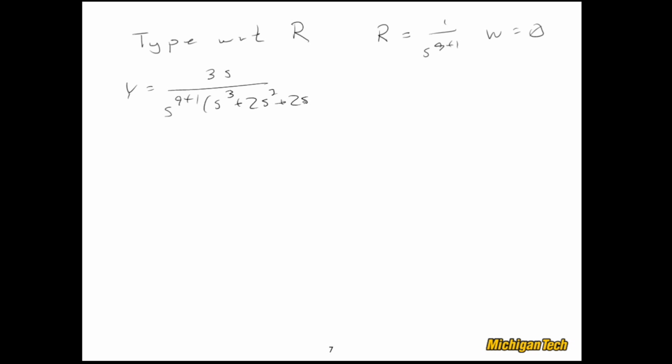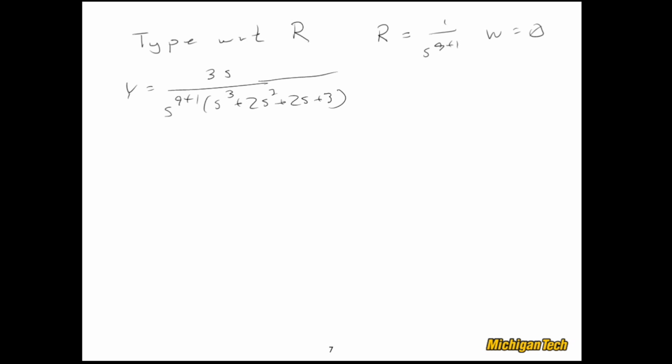So let's first do the type with respect to R, the reference input. What we'll do is set R equal to 1 over s to the q plus 1, and W equal to 0. So now Y is equal to 3s over s to the q plus 1 times (s cubed plus 2s squared plus 2s plus 3).